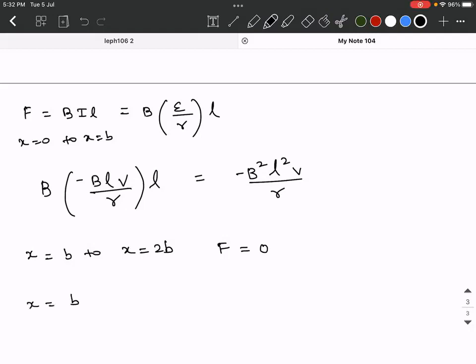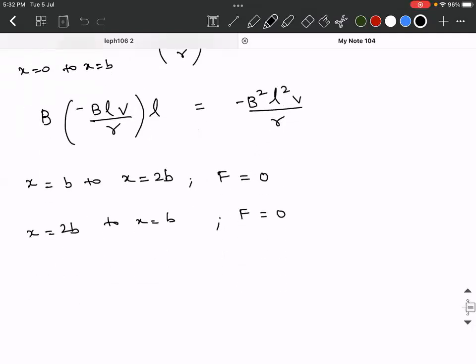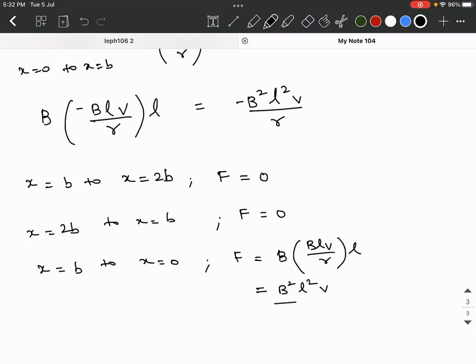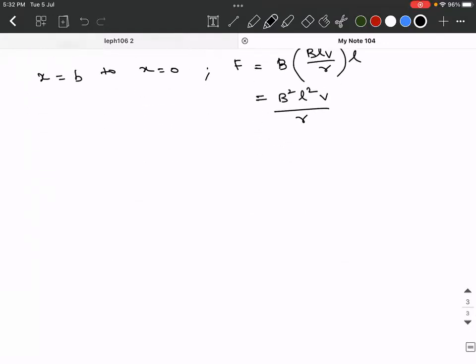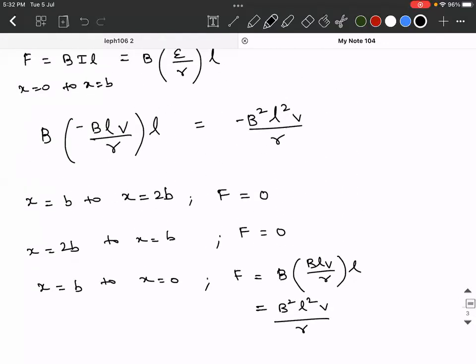Similarly, when you go from x equals 2B to x equals B, what will be the value of force? Again 0. And when you move from x equals B to x equals 0, what is going to be the force? B into BLV divided by R into L. It will be B square L square V divided by R. Right? So first copy this.